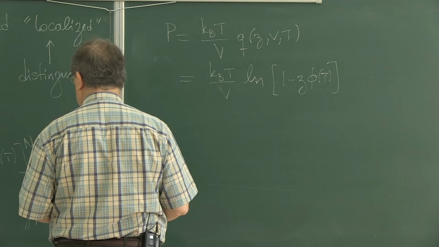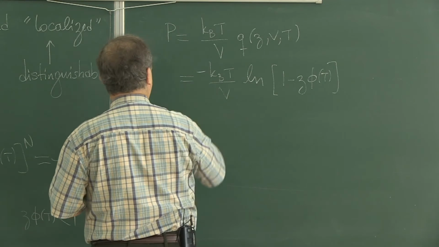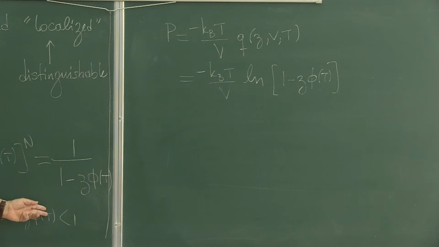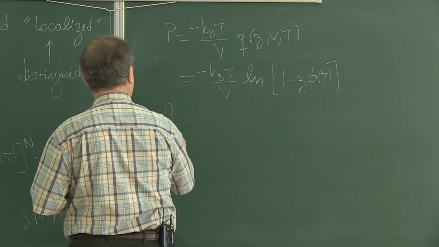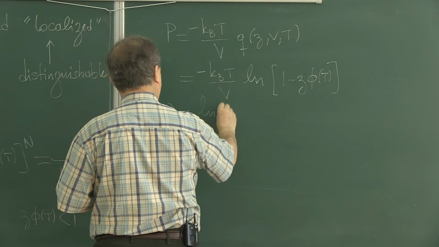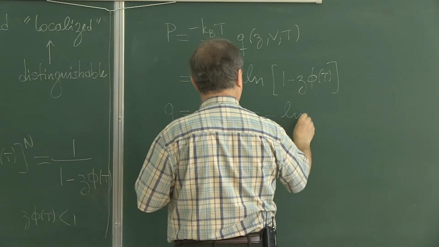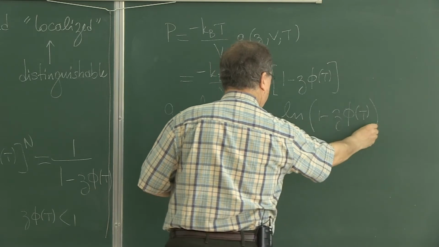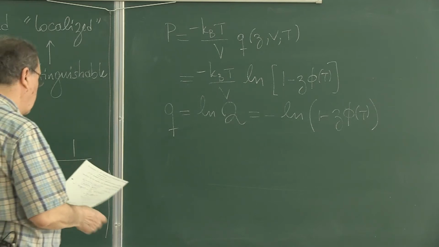So we have the negative sign, of course. So the q potential, the ln of the grand canonical partition function, is minus ln(1 minus z phi(T)). Everything comes out nicely, clearly.